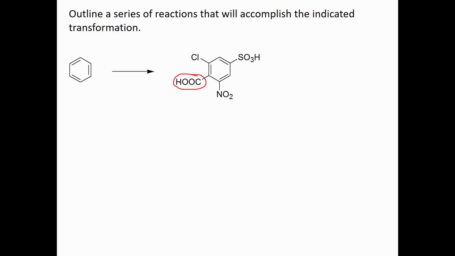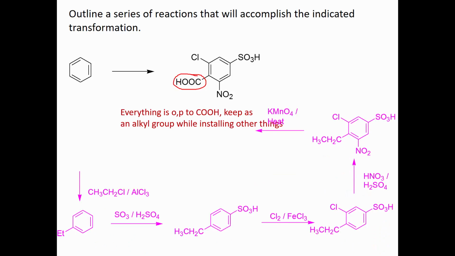So we're going to perform a side chain oxidation at some point, but before we perform that side chain oxidation, we have an electron donating ortho para director right there. So that's going to be the key to controlling everything. Okay. All right. So we're going to try and keep it as an alkyl group while we're installing all of the other things. All right.